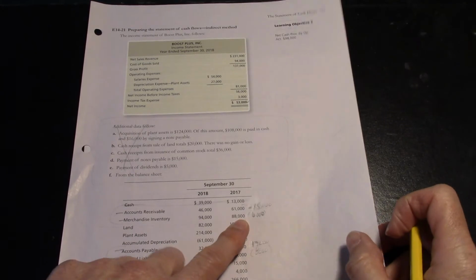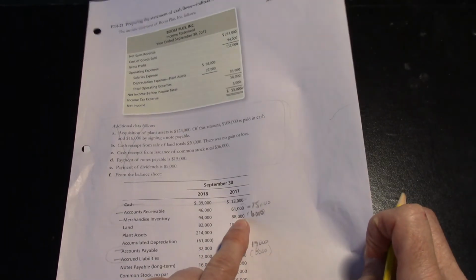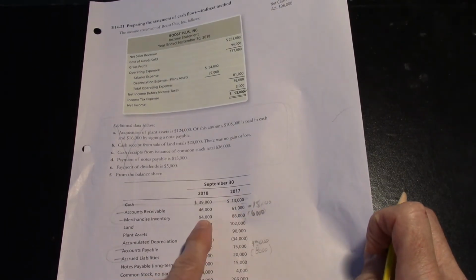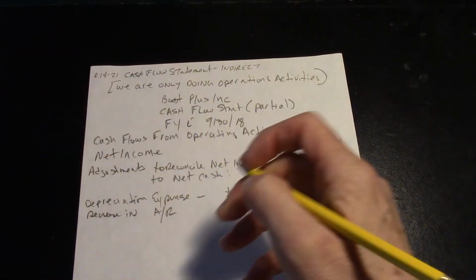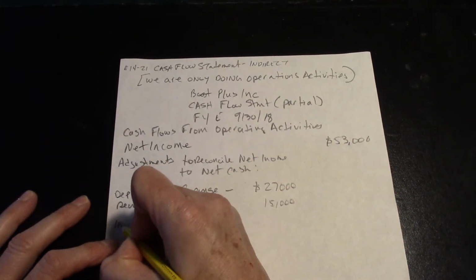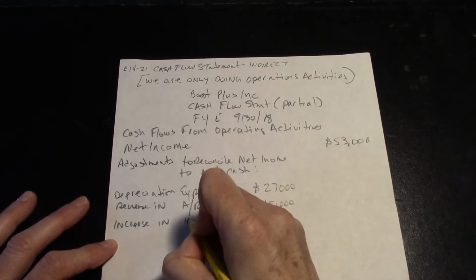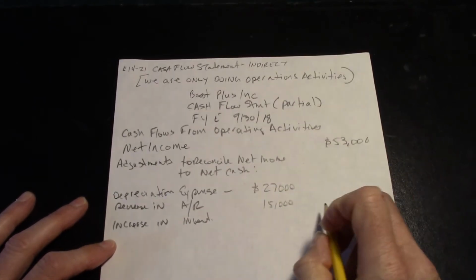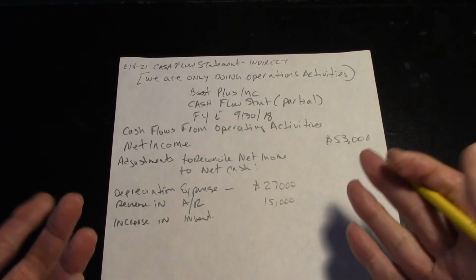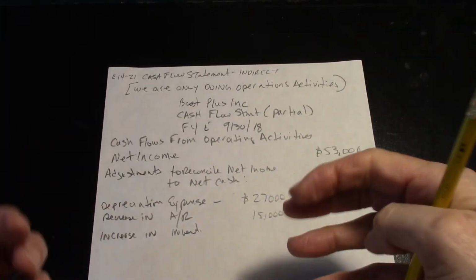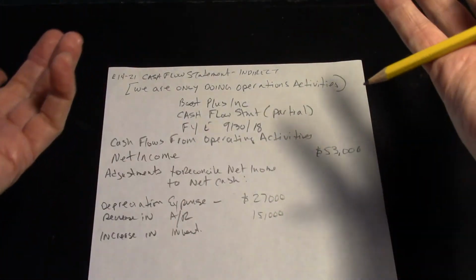Next, merchandise inventory went from 88,000 up to 94,000. It increased. So we have an increase in inventory. And so if you think about the cash flow, how would it flow? Well, if inventory came in, you had to pay for that, right?